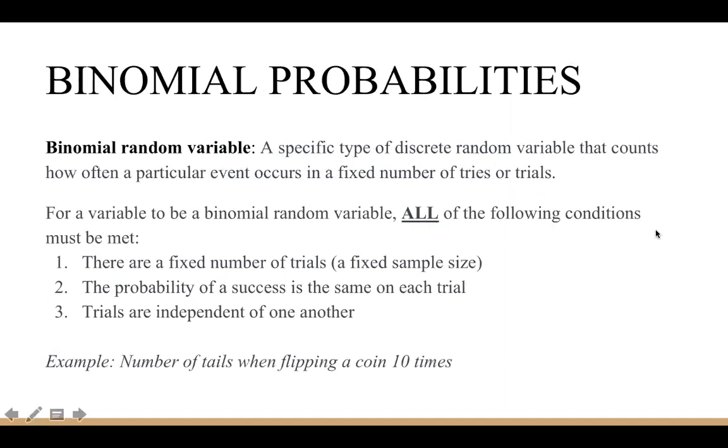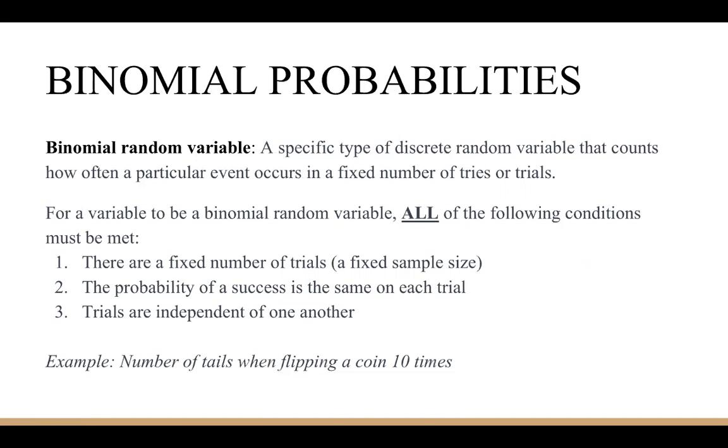So switching gears a little, but not really moving away from confidence intervals and hypothesis tests, to binomial probabilities. If you remember, a binomial random variable is a specific type of discrete random variable that counts how often a particular event occurs in a fixed number of tries or trials.